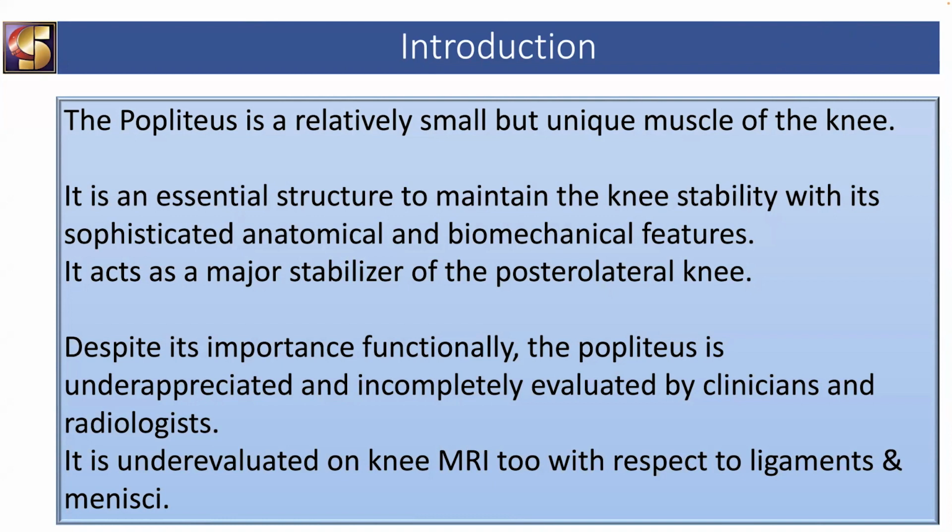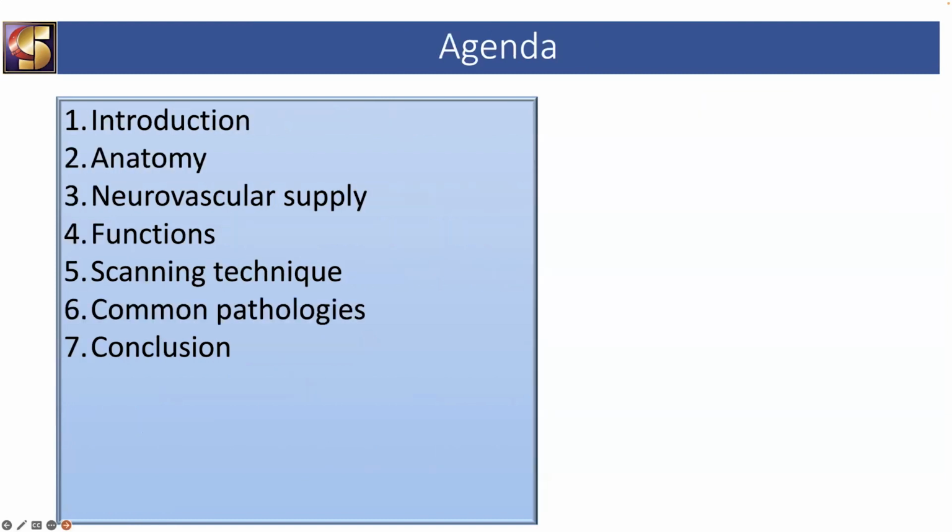Despite its functional importance, the popliteus is underappreciated and incompletely evaluated by many clinicians and radiologists, and it is under-evaluated on knee MRI too, with respect to the common problems of the ligaments and the menisci. I have divided my talk into these parts: introduction, anatomy, neurovascular supply, functions, scanning technique and protocol, common pathologies, and conclusion.